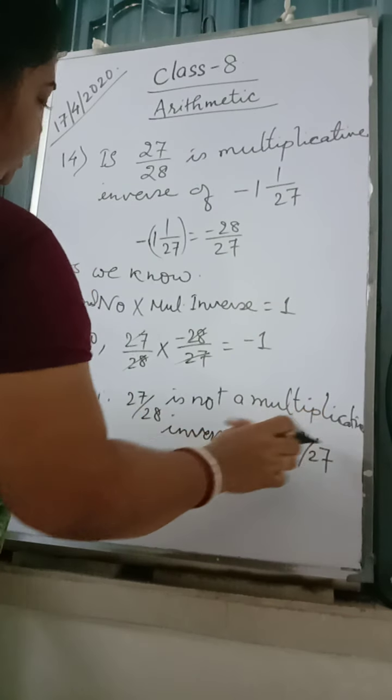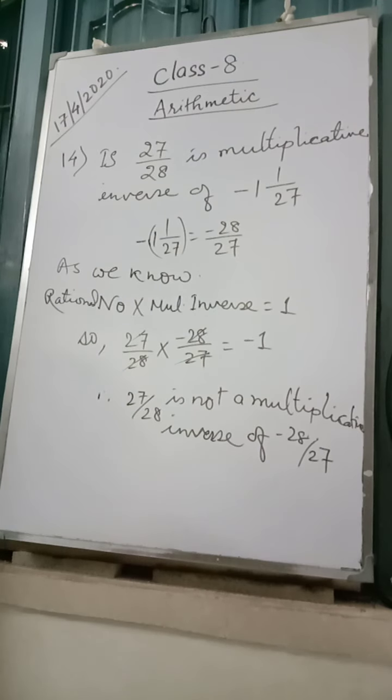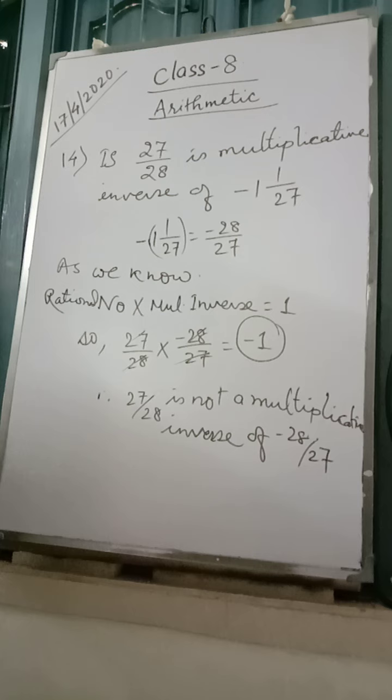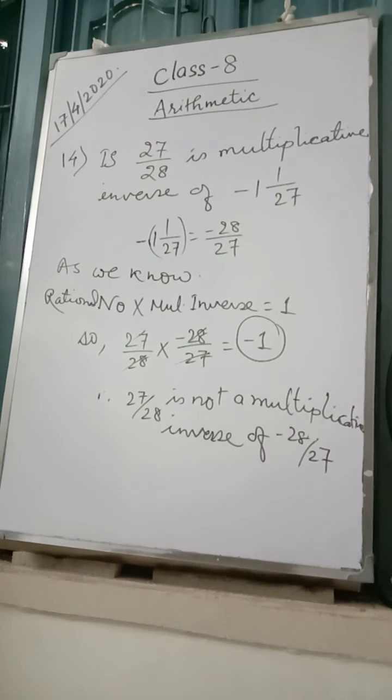Understood? When the product is 1, then it is a multiplicative inverse. When the product is minus 1, it is not a multiplicative inverse.